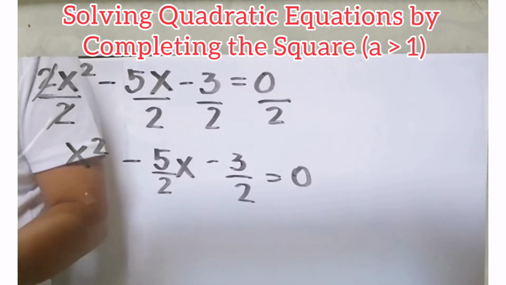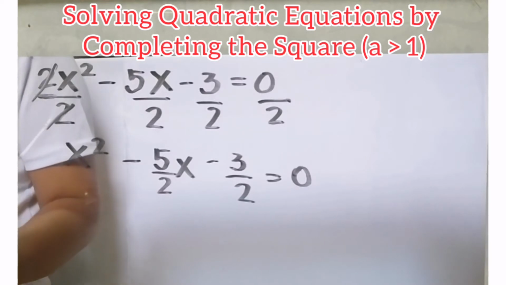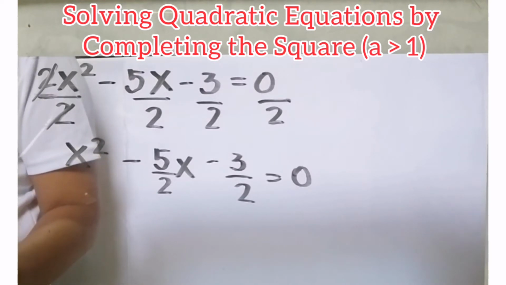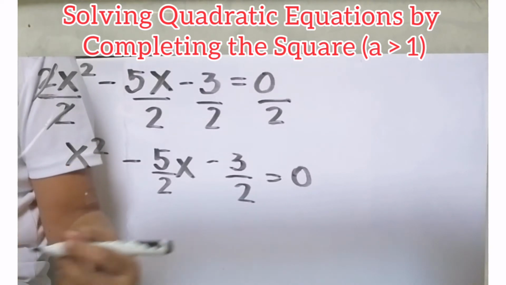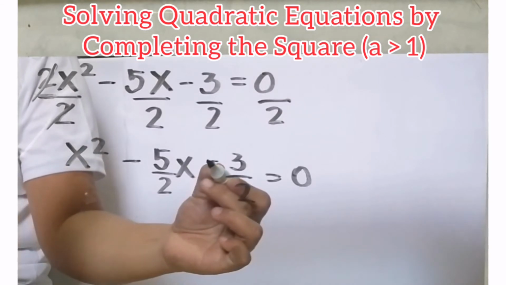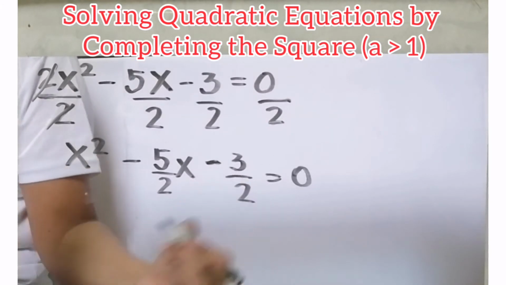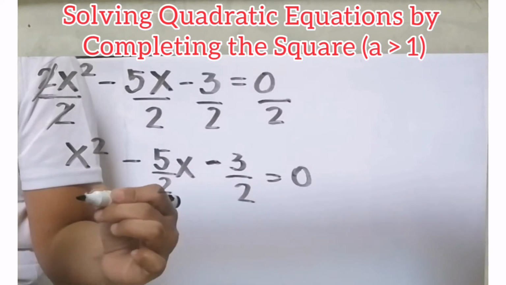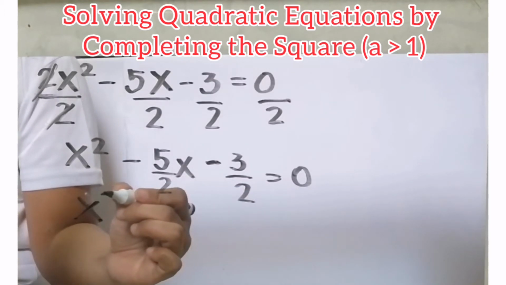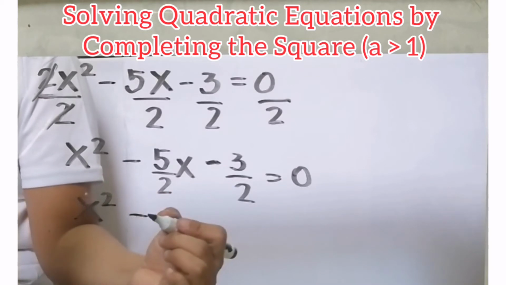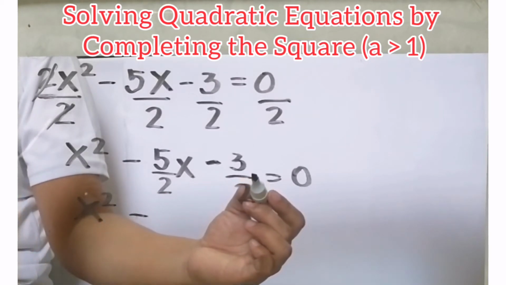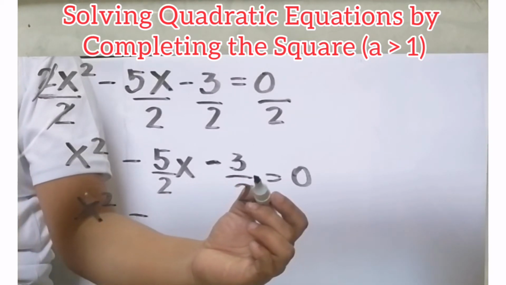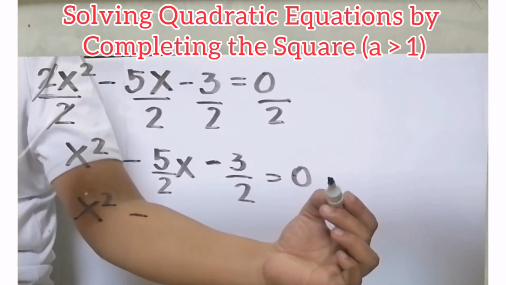trinomial natin. Ngayon, i-apply na natin yung addition property of equality. So, kailangan matanggal muna dito si negative 3 halves. So, sa simpleng proseso, by additive inverse, mag-a-add tayo ng positive 3 halves dito. And then, mag-a-add din tayo ng positive 3 halves sa right side of the equation.